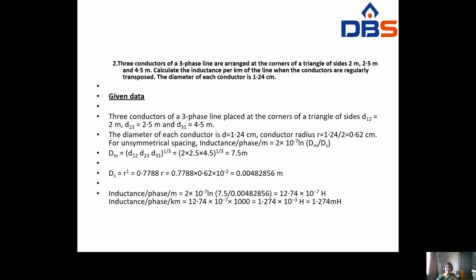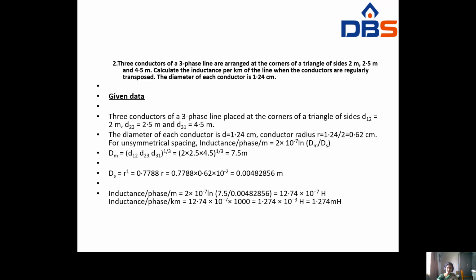First we have to see the given data. Three conductors of a three-phase line are placed at the corners of a triangle of sides D12 equal to 2 meters, D23 equal to 2.5 meters, and D31 equal to 4.5 meters.